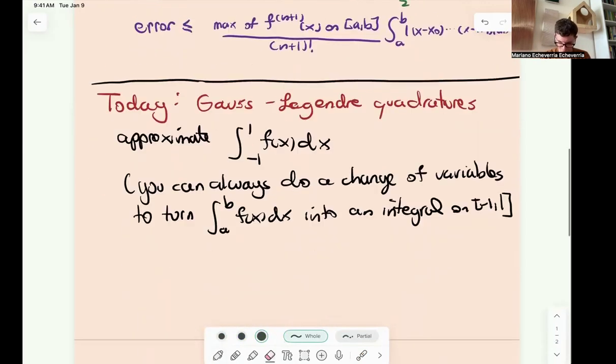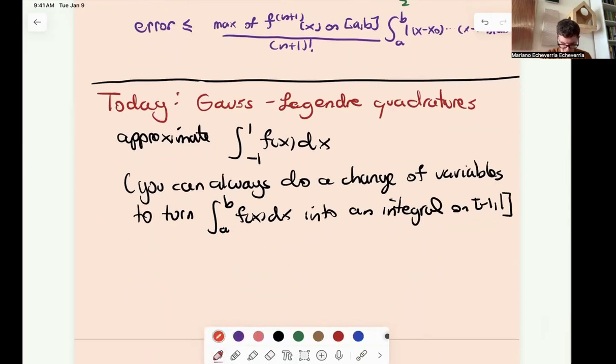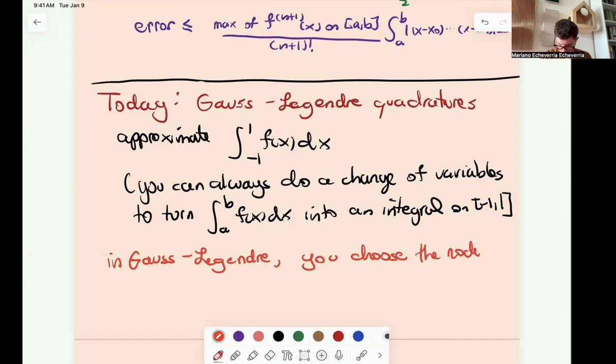Okay, in Gauss-Legendre, you choose the nodes to be the zeros of the Legendre polynomial.